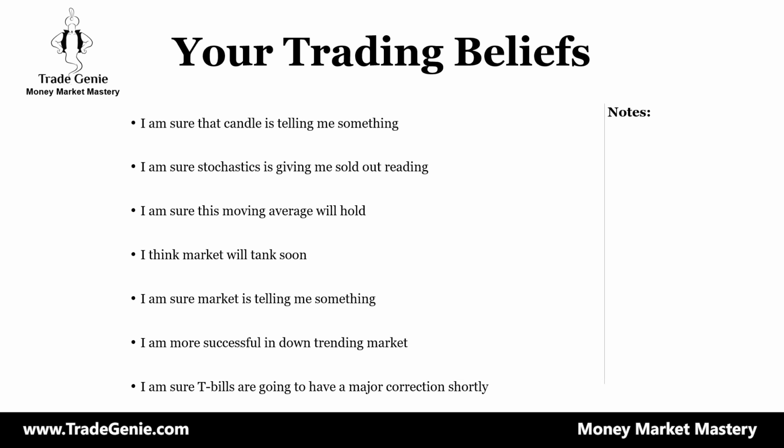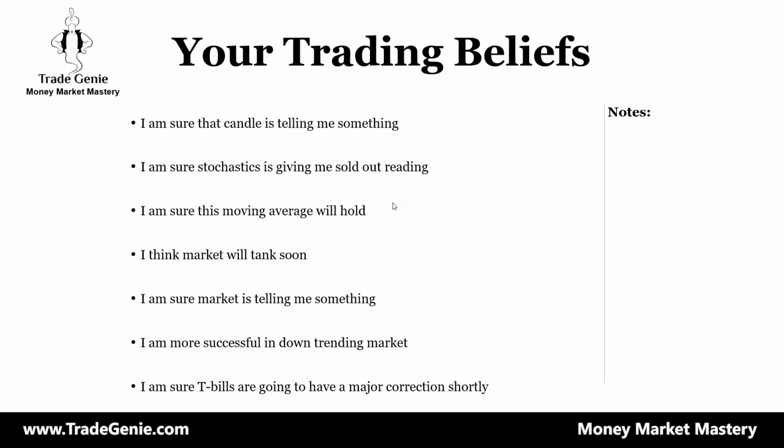Well, we don't know when the market will end. The trend will end whenever it wants to end. So we don't know. If we are using a stochastic and the market is tanking, we say, okay, the stochastic is telling me it's oversold and the market is about to move up. But the market can go down for a long time.